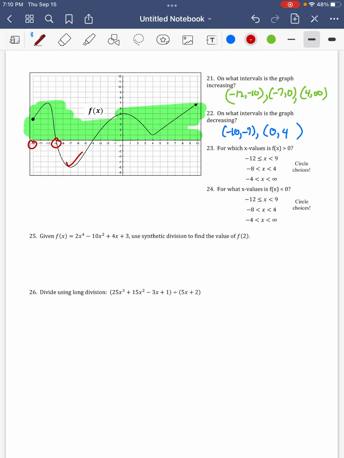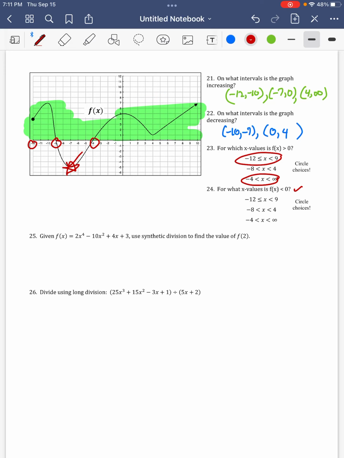It's above the x-axis. And then from 4, negative 4, forever. So I would choose this section and that section of the graph. The only section where it's negative, so less than 0, is right in this section right here, where from negative 9 to negative 4. Negative 8.